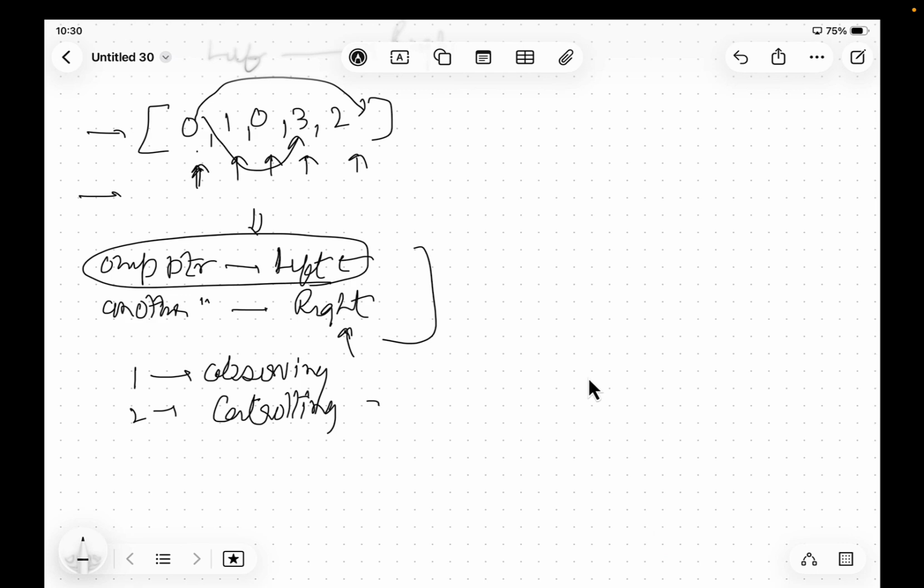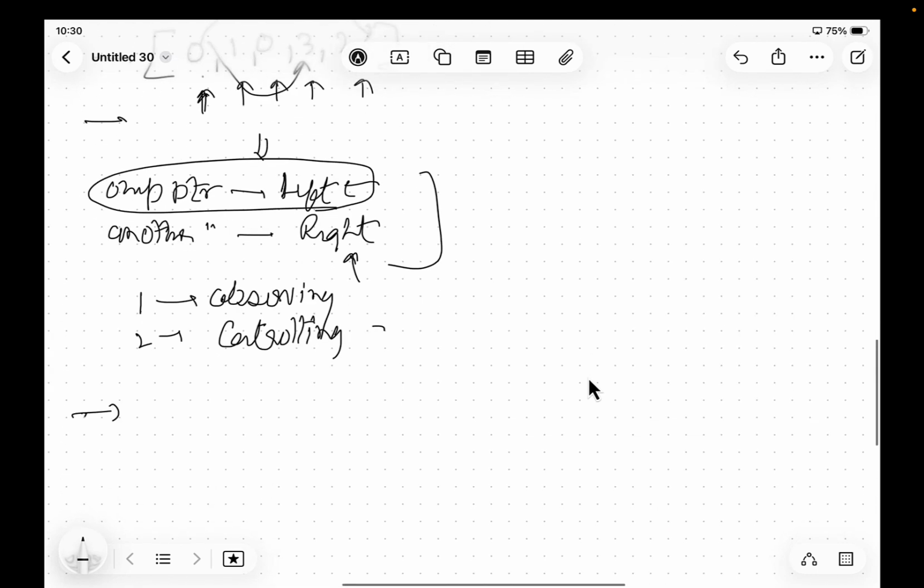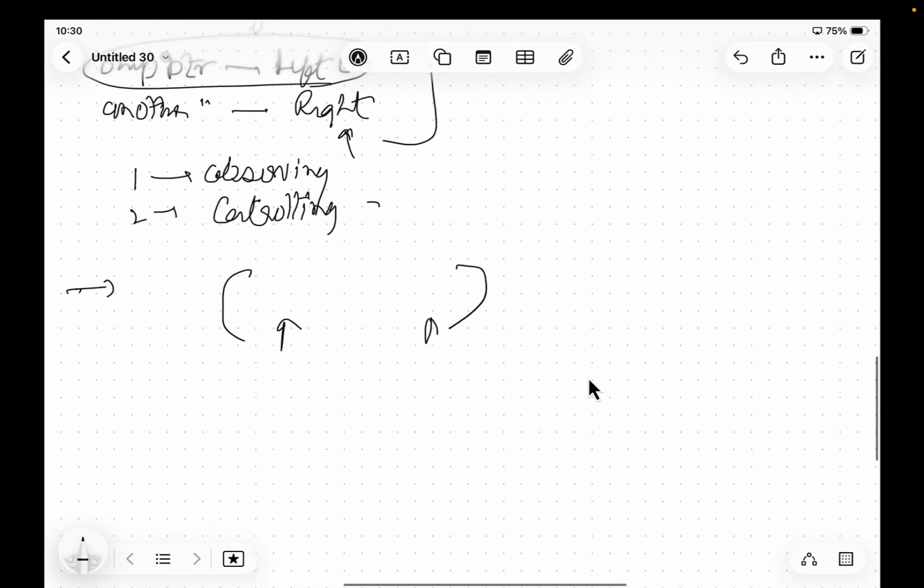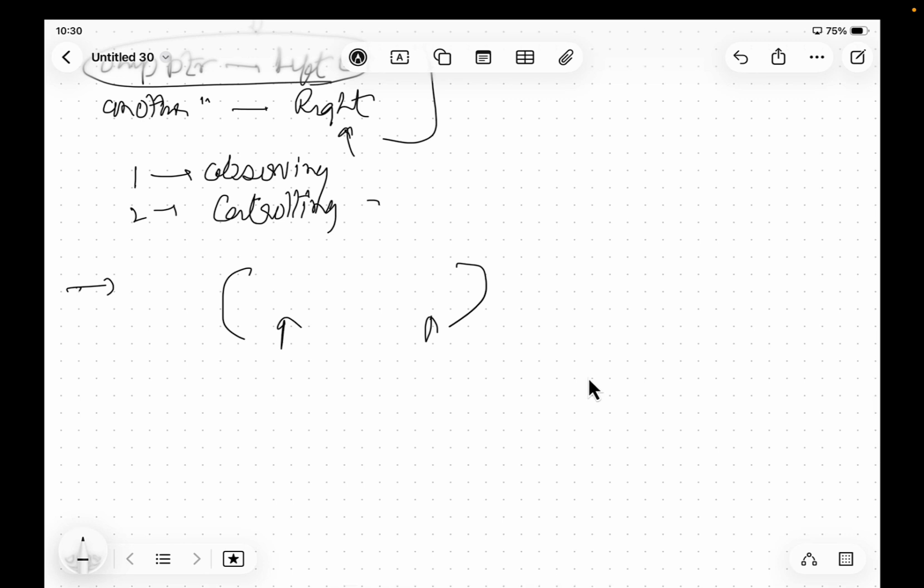Hope this makes sense. Let me roughly summarize. The two pointers technique means using two positions in the data to control the movement, comparison or transformation in an optimized way. Now there are only two types of two pointers.